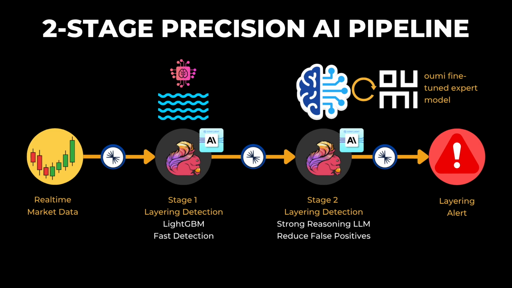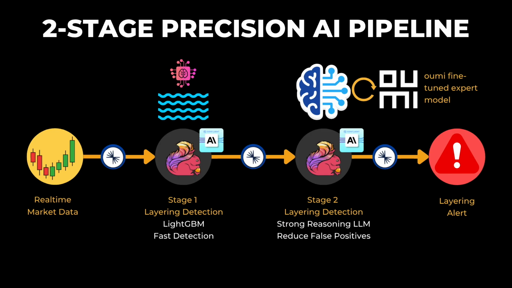LightGBM is a fast gradient-boosted tree model that performs very well on structured market features. It is ideal for Stage 1 high-speed screening, acting as an efficient filter across large volumes of market activity and surfacing suspicious patterns early without requiring expensive deep reasoning on every event.